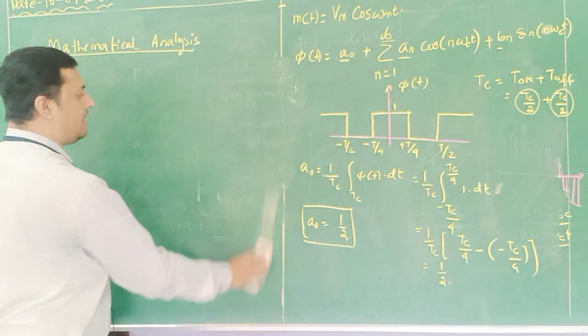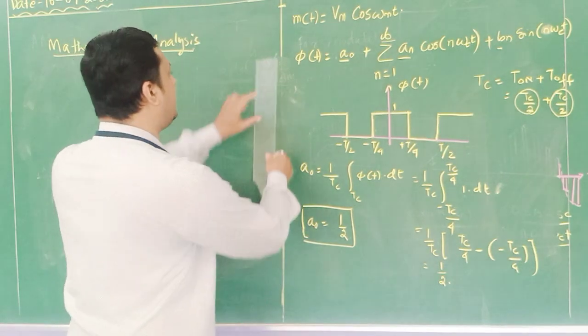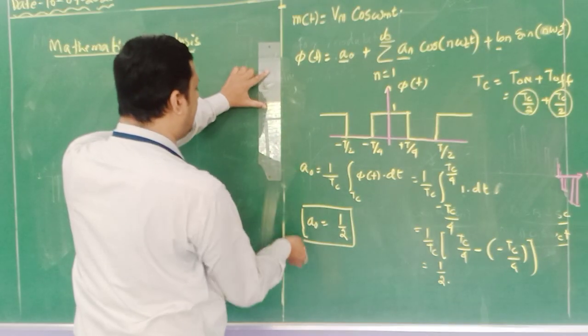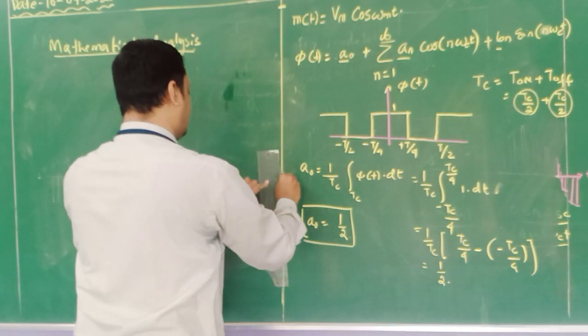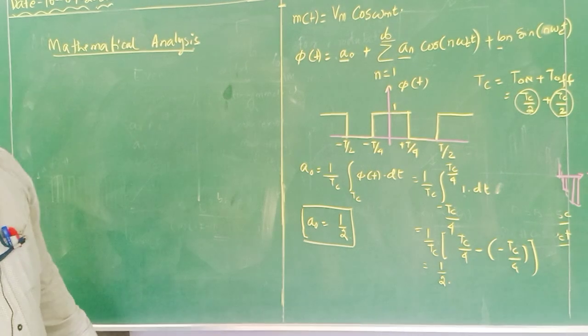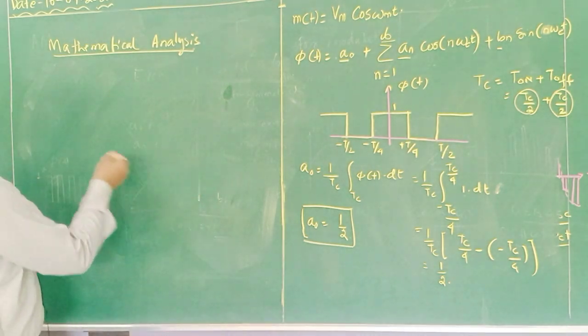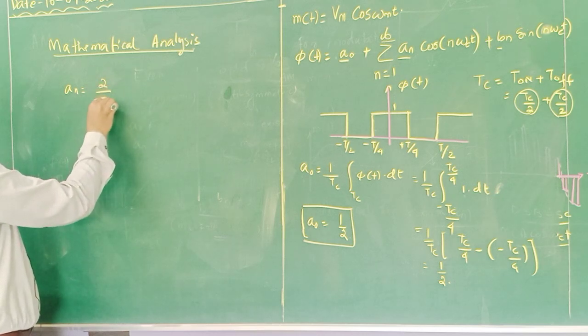So now we will calculate An. Then we will substitute in the above equation. Then we will multiply with respect to our modulating signal. Okay. So An is equal to 2 by Tc.